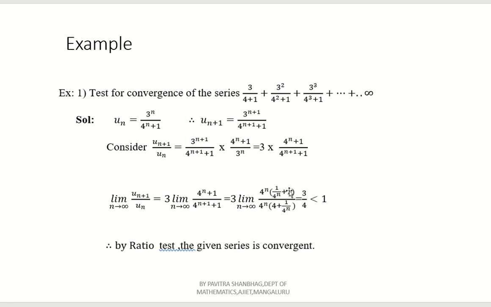So here 1 by 4 and into 3 is there. So 3 into 1 by 4 means 3 by 4. Obviously 3 by 4 is less than 1. Therefore by D'Alembert's ratio test, or simply by ratio test, the given series is convergent. Okay. Now move to the next problem.